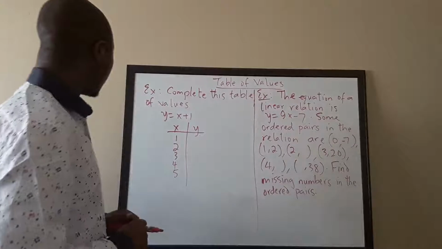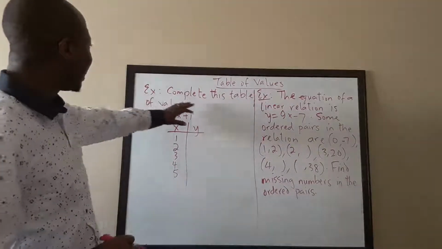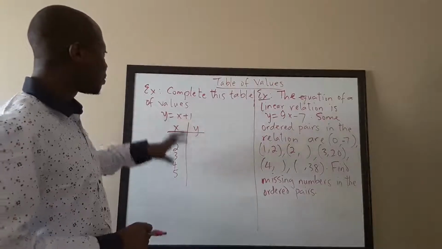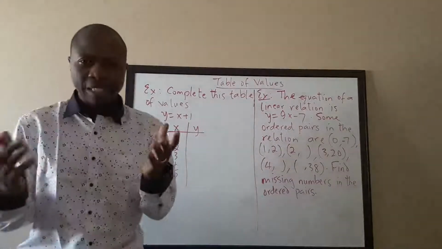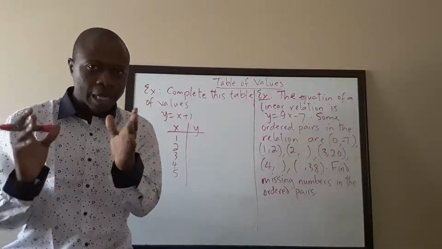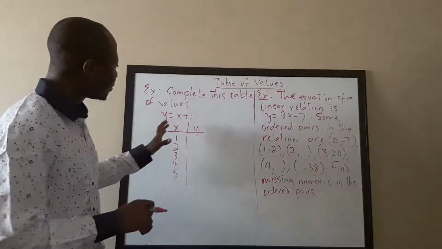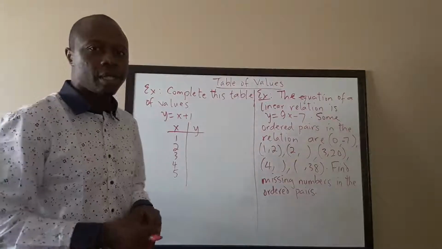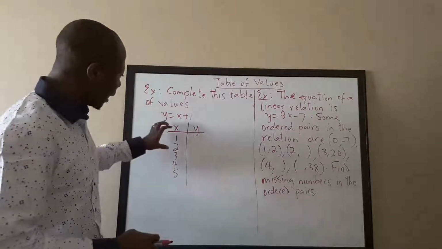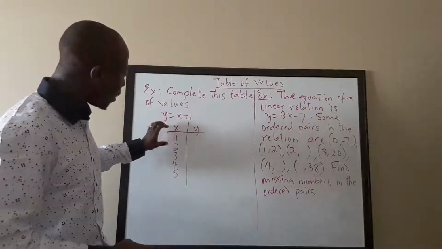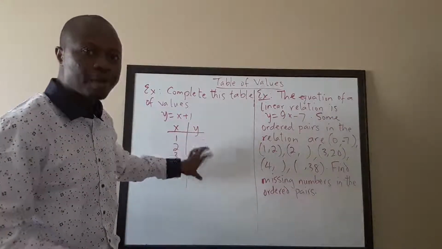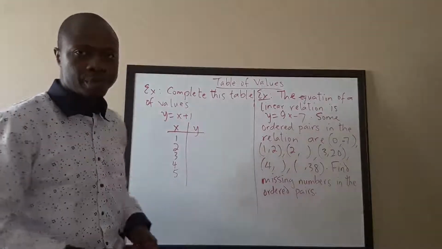Alright, so the next example. Complete this table of values. Y equals x plus 1. So what is a table of values? In a table of values, we have the input side and the output side. So in this case, we've got x and all the values here, and then we have y, and we're supposed to have some values here as well.